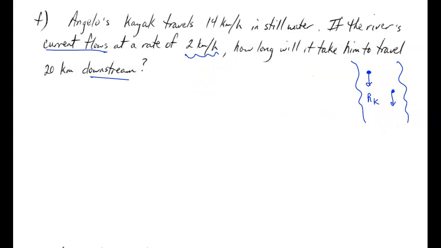So really shouldn't have a point there, but do it like this. So the rate of the water. So we'll say this is going to be the river current, and this is going to be rate of kayak.